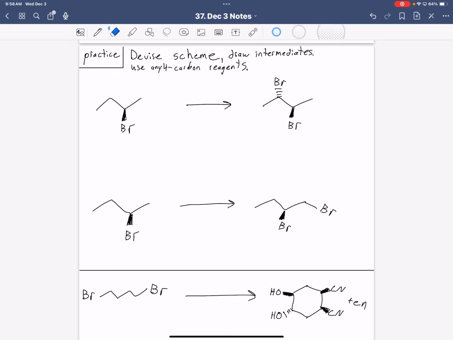So you can use whatever reagents you want, just as long as nothing you're adding has more than 4 carbon.